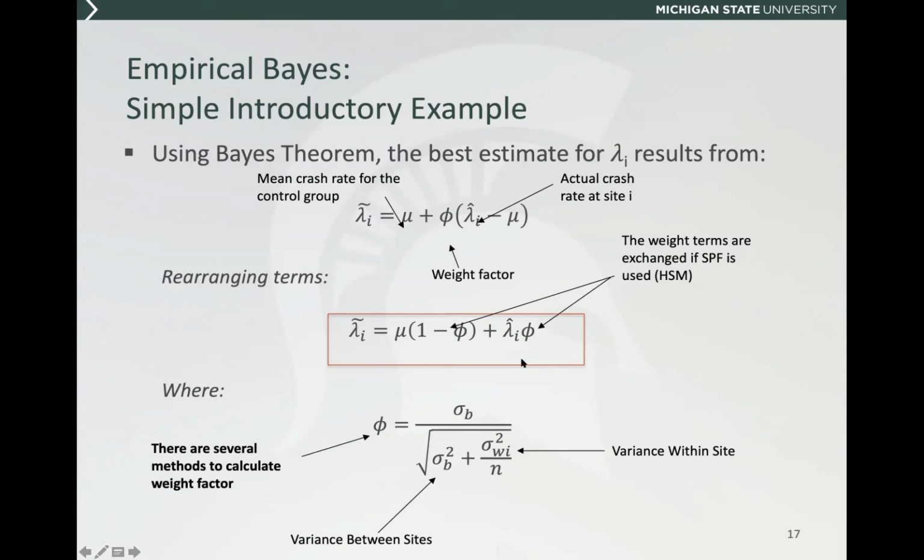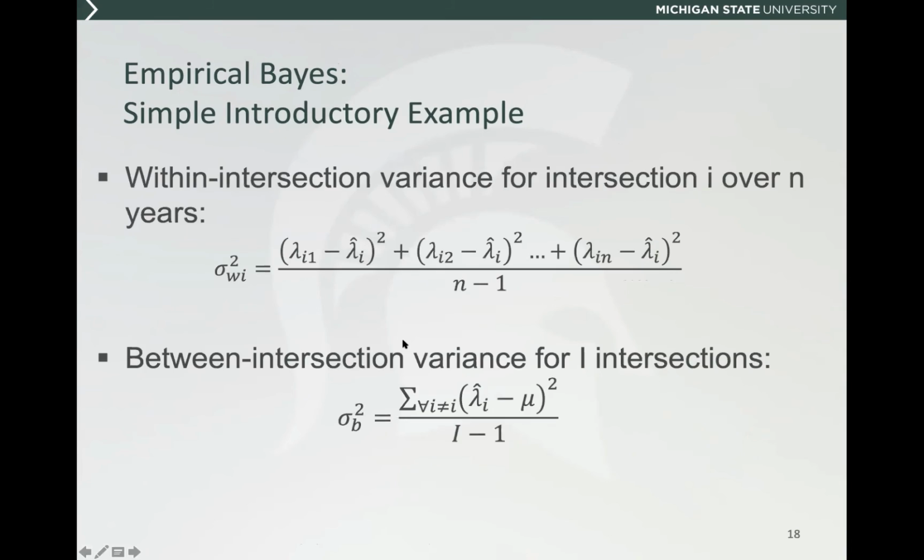And so when we think about this in concept, generally the way it works is we are thinking about how reliable that control group information is relative to the reliability of those site-specific estimates. And so as the data becomes more reliable or more precise for our individual location, we apply more weight to that estimate. And as our data become more reliable for the control group or less reliable for our individual site, we're applying more weight to that control group's data, okay?